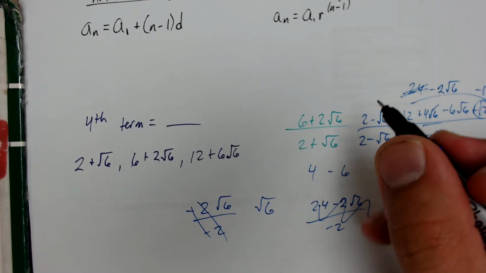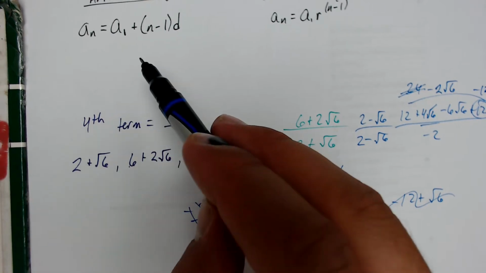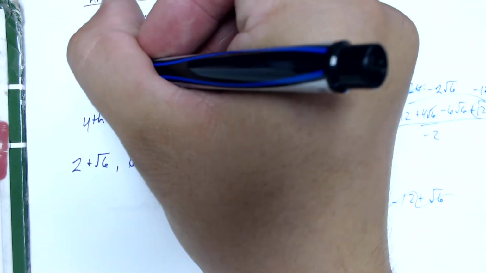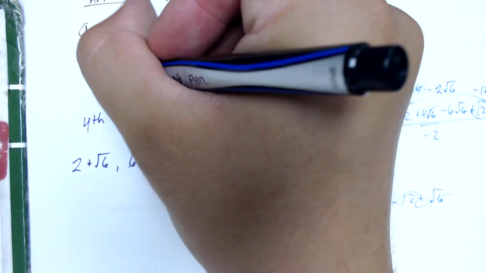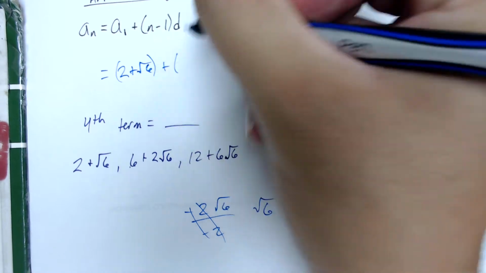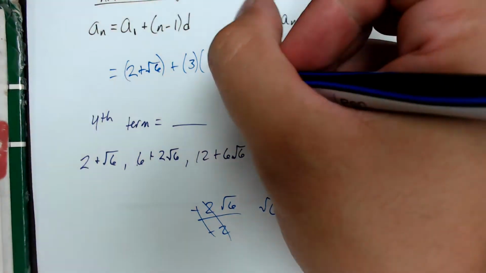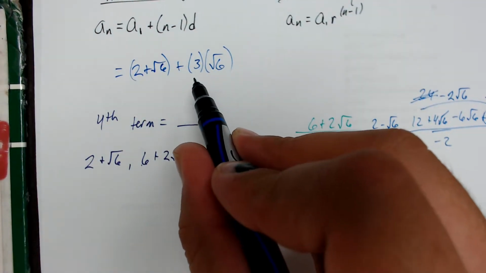So to get the fourth term, I can plug it into the equation. I'll take the first term, 2 plus root 6, then add that to 4 minus 1, which is 3, times root 6. This will give me my answer once I simplify it.